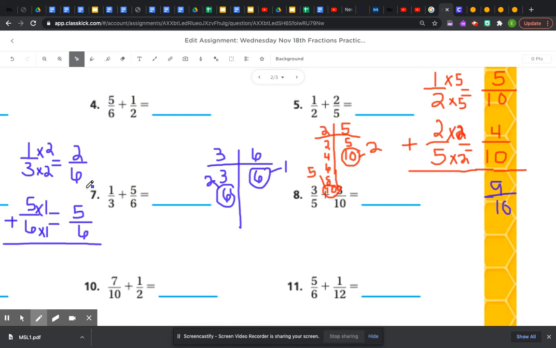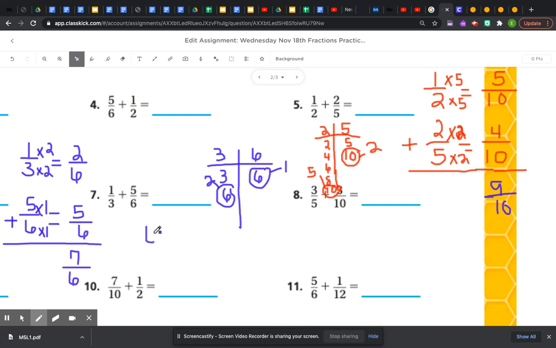Now we can add these two together. Did I do that right? 1/3, 5/6, yes. All right, and then 2 plus 5 is 7, and our denominator is a 6.